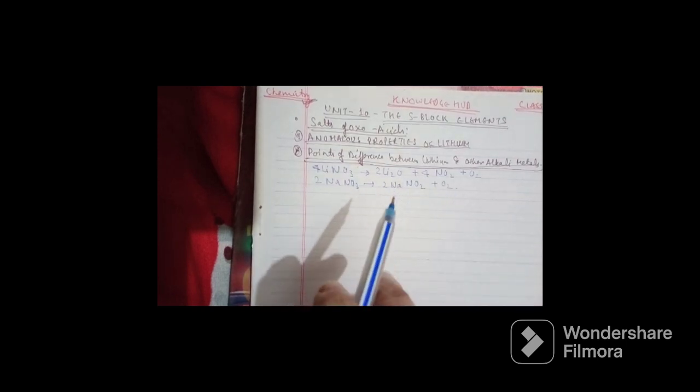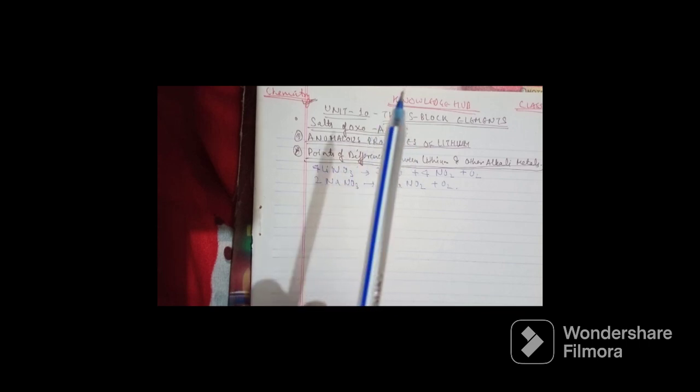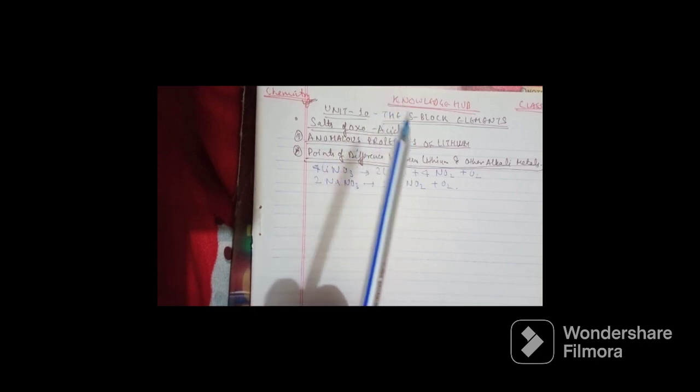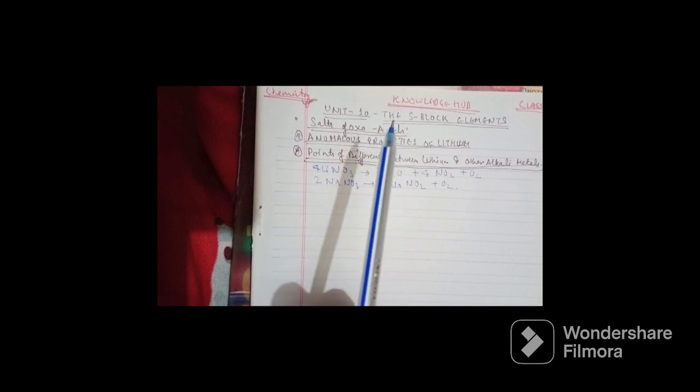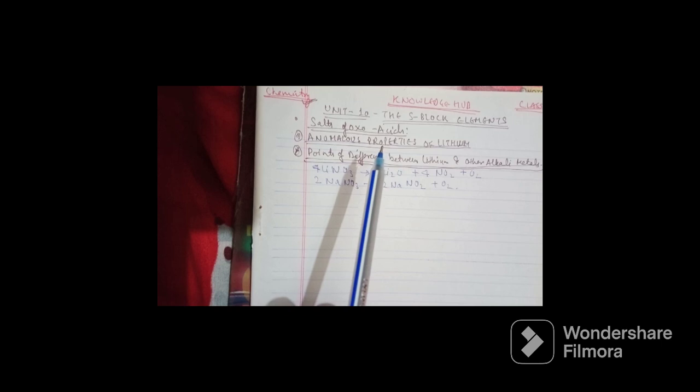LiF, lithium fluoride, and lithium oxide are comparatively much less soluble in water than the corresponding compounds of the other alkali metals here.